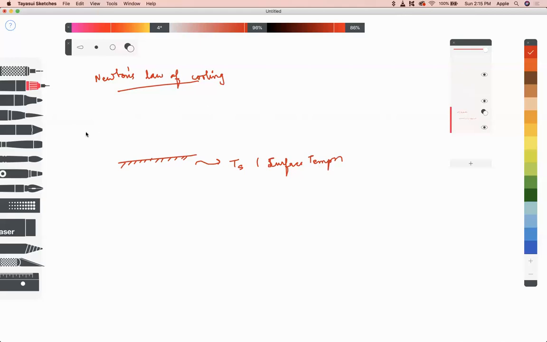And since it's convection, there has to be a fluid which is either heating or cooling a body. Let's say the fluid temperature is T infinity, the usual notation for ambient temperature or fluid temperature. To avoid ambiguity, I will mention it as TF, which is your fluid temperature.